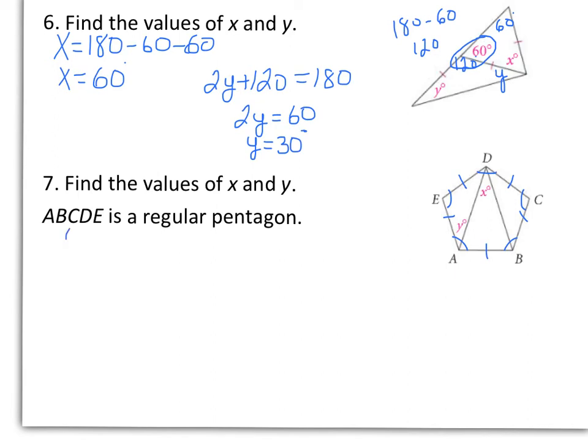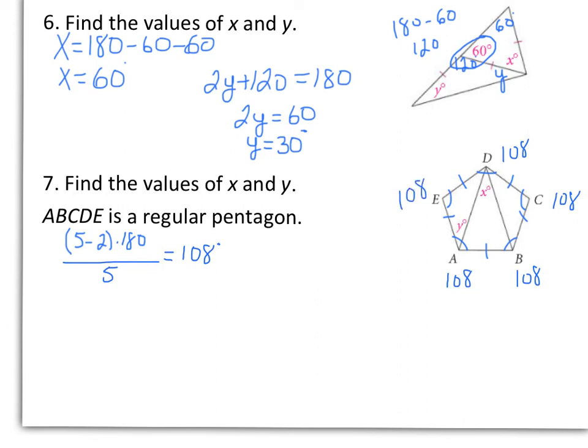So remember from last chapter, take the number of sides minus 2 and then divide by the number of sides to get each angle. When you do that, you get 108 degrees. So that means angle D is 108, angle C is 108, angle B is 108, angle A is 108, and angle E is 108.